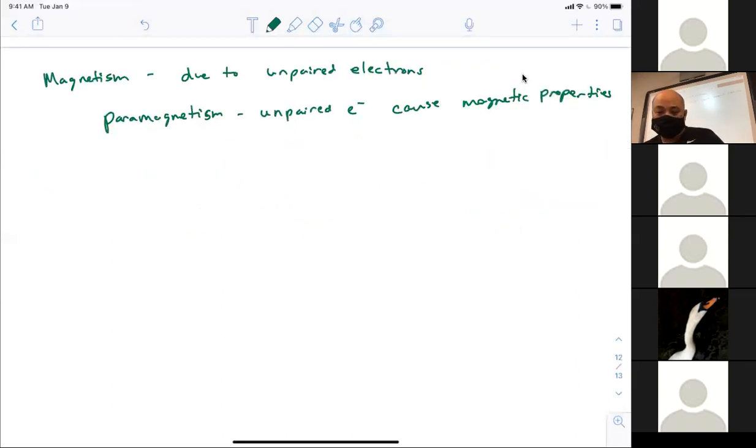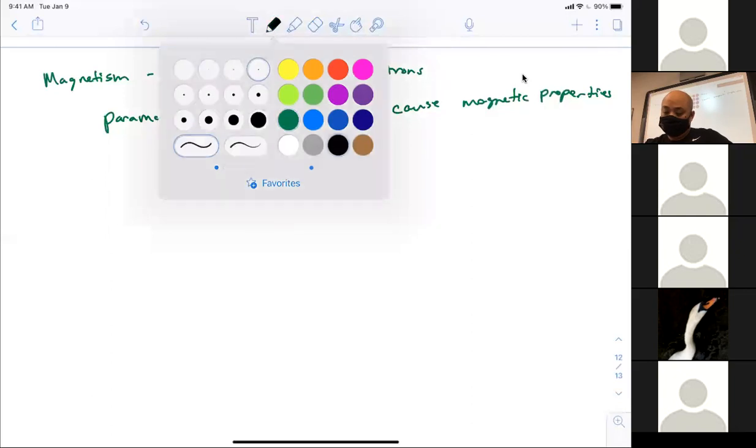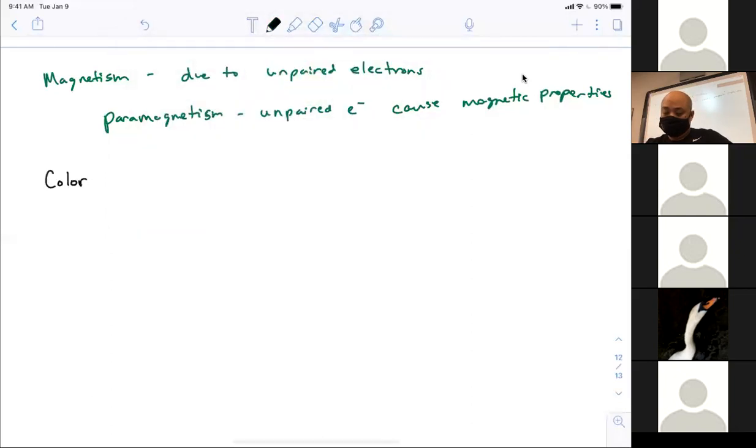The last thing we're going to talk about here is colored complexes, and why complexes have colors and things like that. Colored compounds and complex ions.